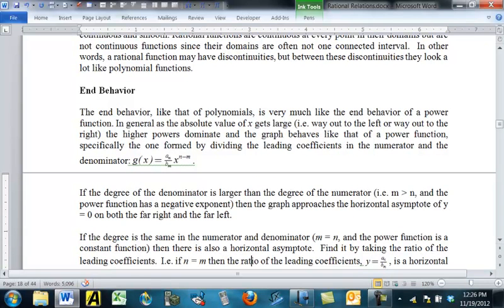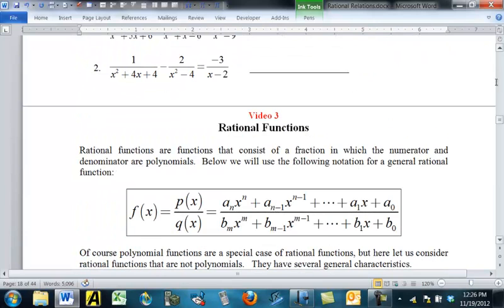So just like power functions, remember when you had a power function like this, that first term in the numerator really dominated everything, and the basic end behavior was determined just by that first term. And the end behavior of the denominator is determined by its first term.